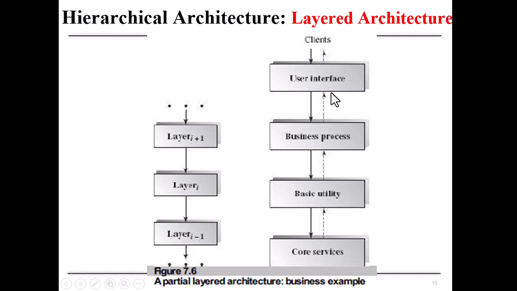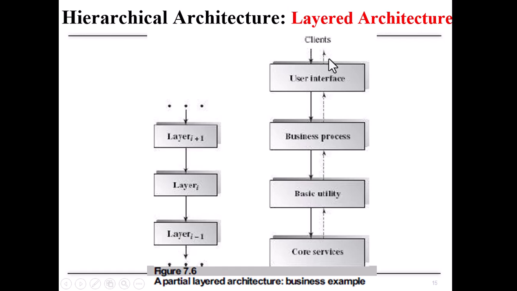So this is the user interface, and the business process handles all the instructions, and basic utilities and libraries are called, and then core services are handled. And when the core services are handled and executed, from this layer the services are approached here and then passed to the user through the interface.